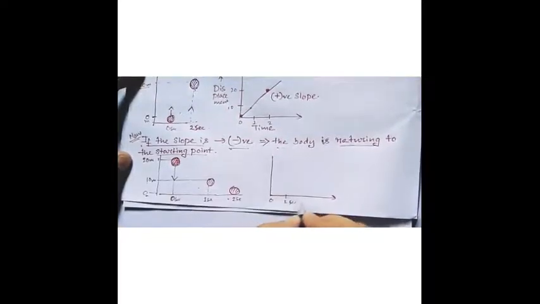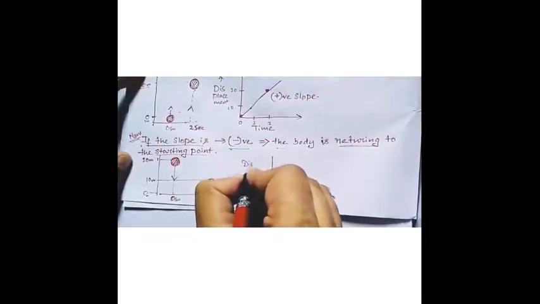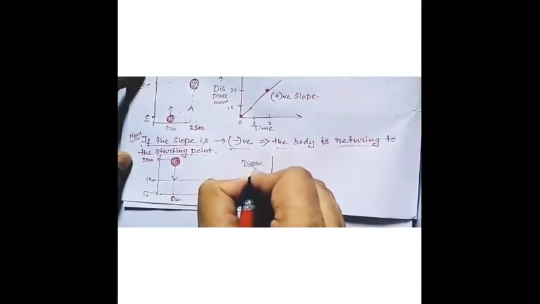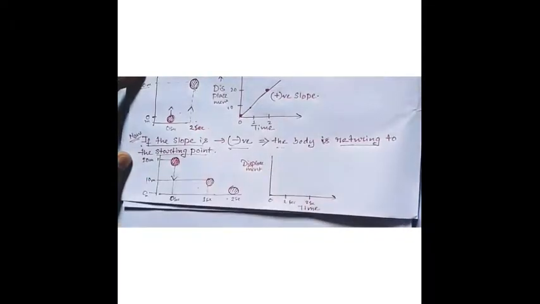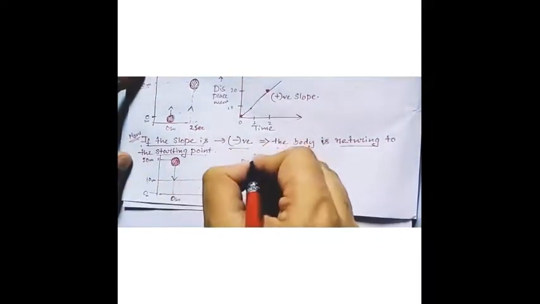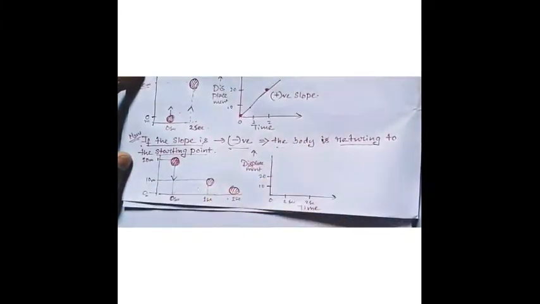This is the time axis. This is 1 second and this is 2 seconds. This is the displacement axis. Before that, this is 10 meters and this is 20 meters of displacement.